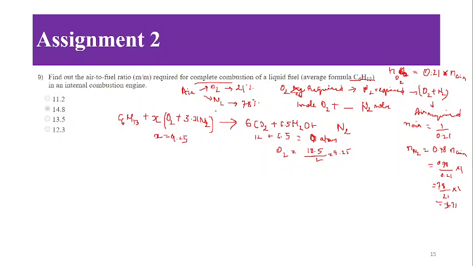So these many moles of air is required. So this is on a mole basis. We need to find out the air to fuel ratio on a mass basis. So for 1 mole of C6H13, 9.25 moles of oxygen are required.